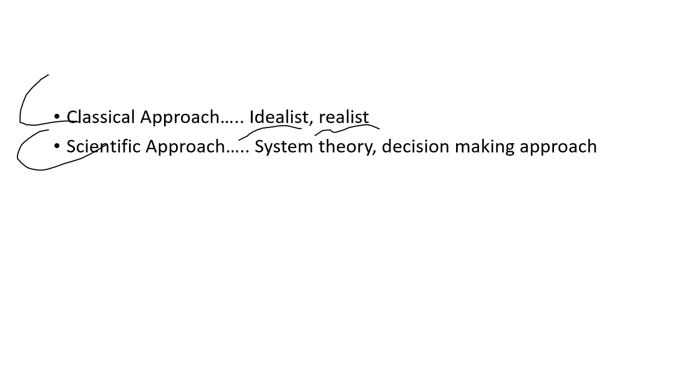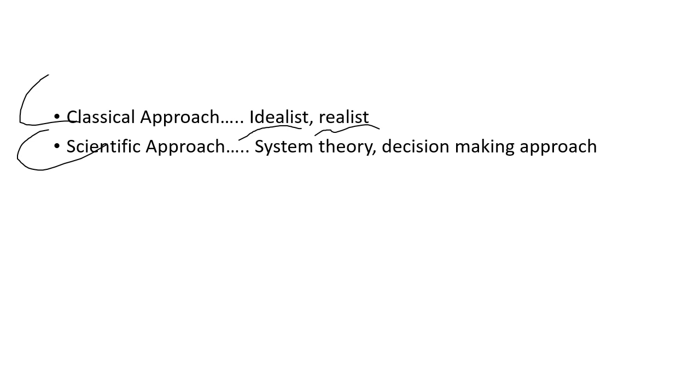And the scientific approach was developed after the Second World War, when the study of global politics was done on the basis of behavioral sciences. When behavioral science was involved in the study of global politics, a new technique or new approach emerged that's called the scientific or behavioral approach for the study of international politics.